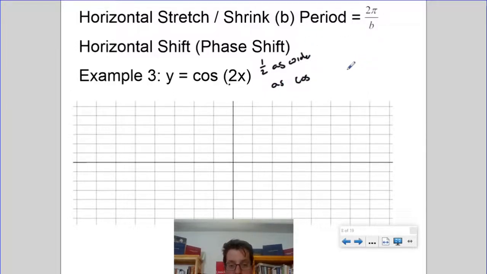Since the parent function has a period of 2 pi, we can find the period by doing 2 pi over b, which in this case is the coefficient of x, 2, which tells us that we are going to have a period of pi. So, what does that mean?